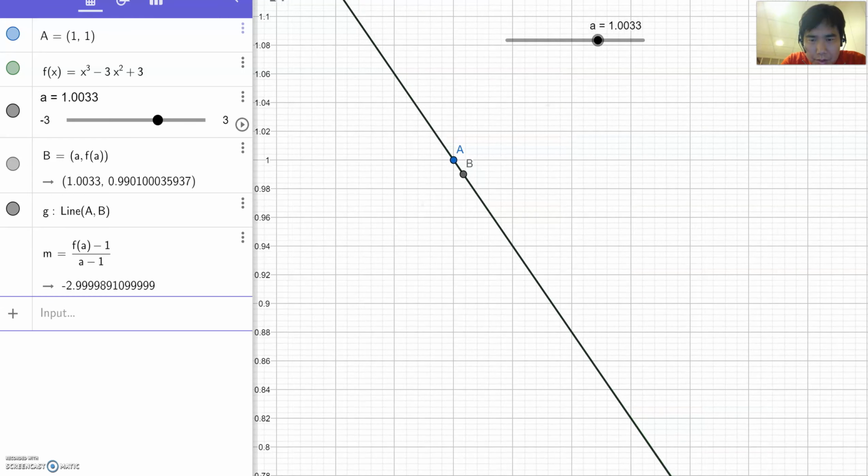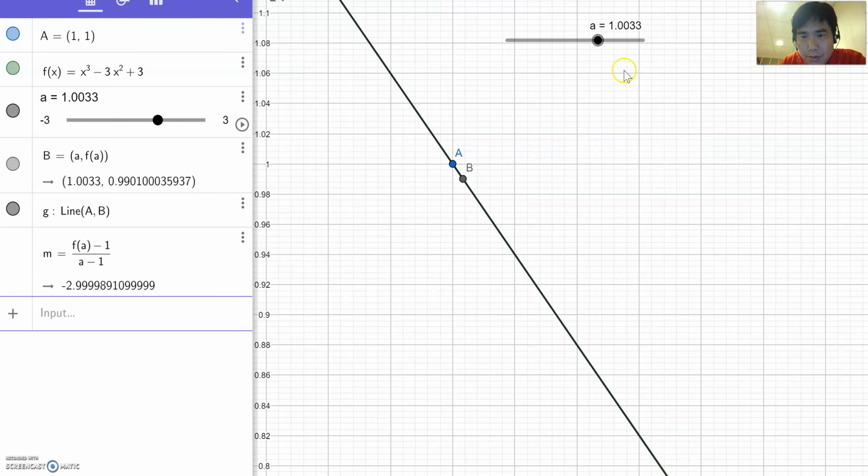Zoom in a little more so we can see some gap and you see the simulation better. Now I can say the slope becomes -3 based on the simulation.